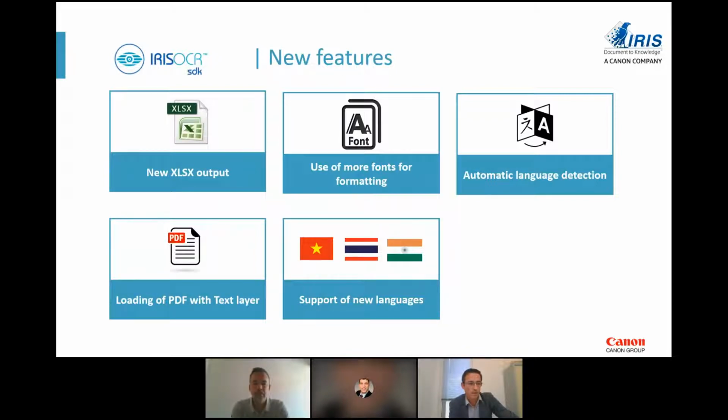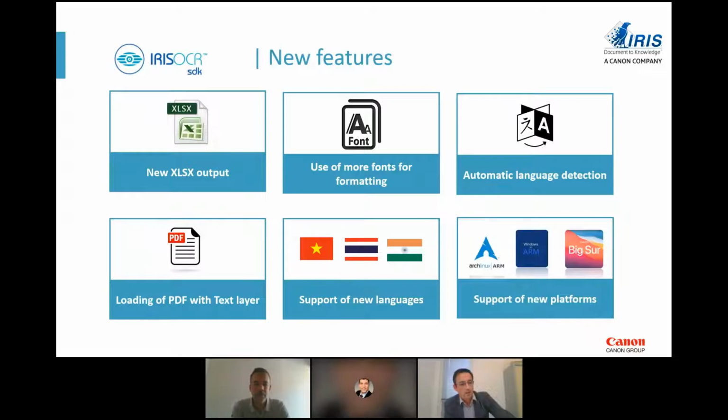Over the last 2-3 years, I would say, we have added Vietnamese, Thai, and Hindi recently. That is not completely available yet in the IDRS, but it's in our lab and it's coming very soon. So you see that we can add new languages. Whenever you have a request, don't hesitate to come to us and we'll look into your request.